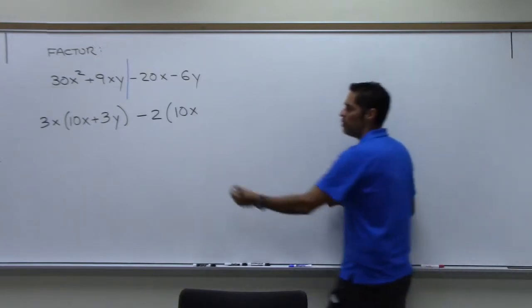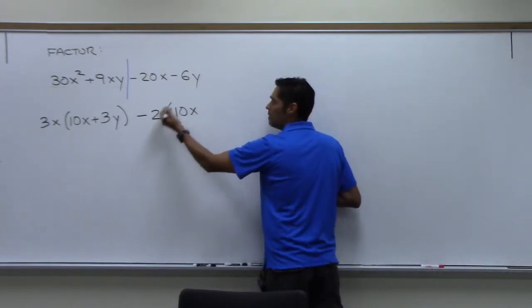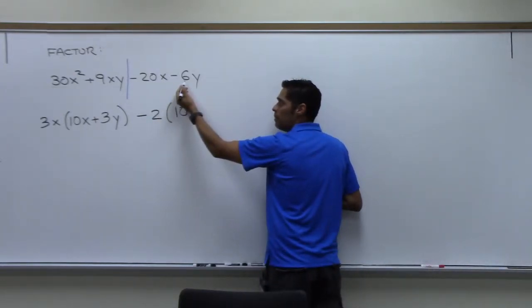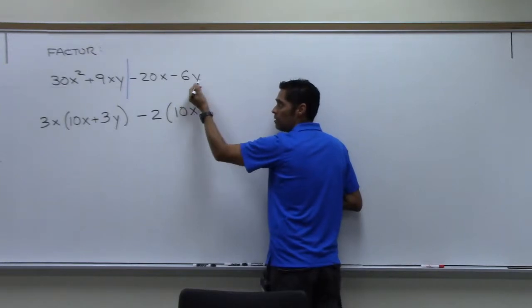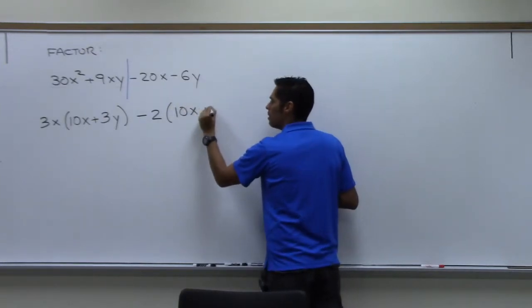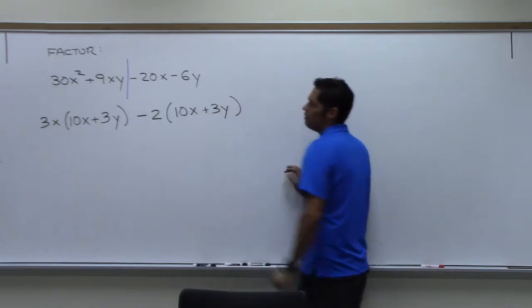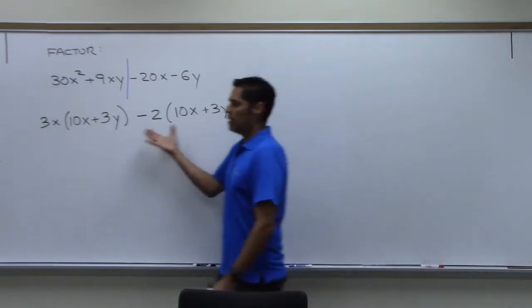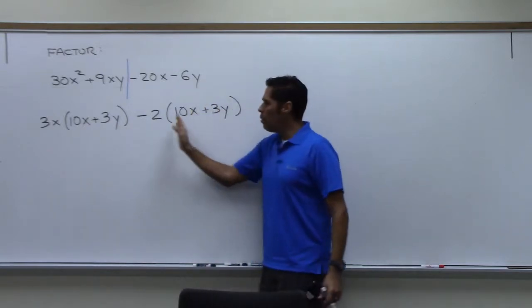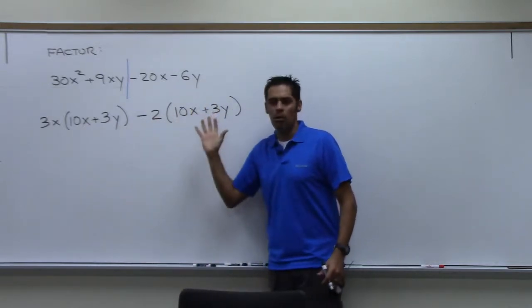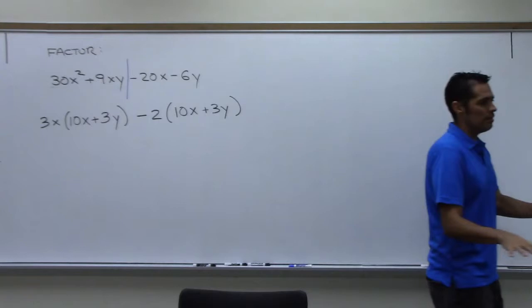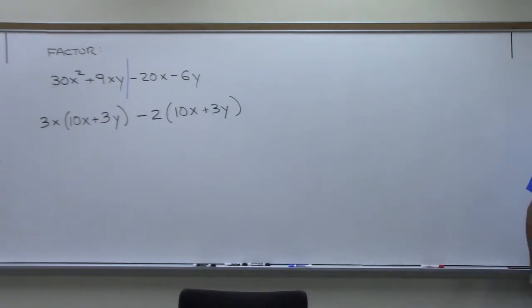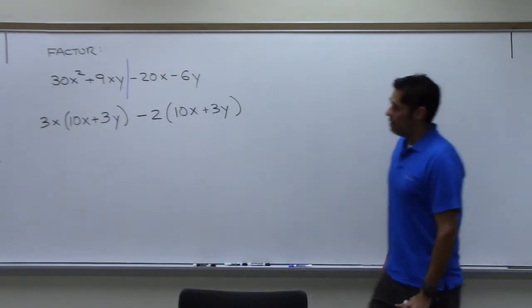Now what would you need to multiply negative 2 by to get negative 6? Positive 3. And you also need a y. So plus 3y. And fortunately for us, these two match, right? If these two do not match, and there's no way that you can tweak it to make it work, this grouping method fails. But in this case, it didn't.